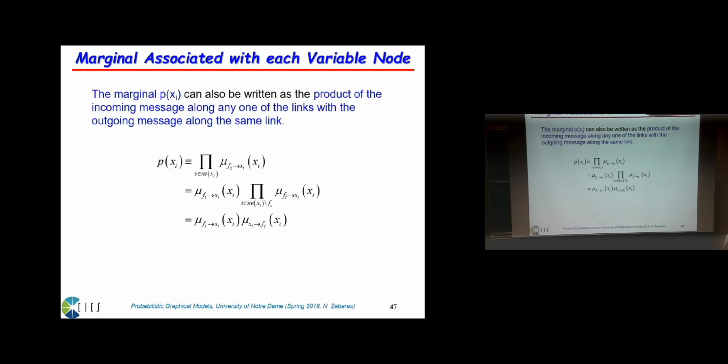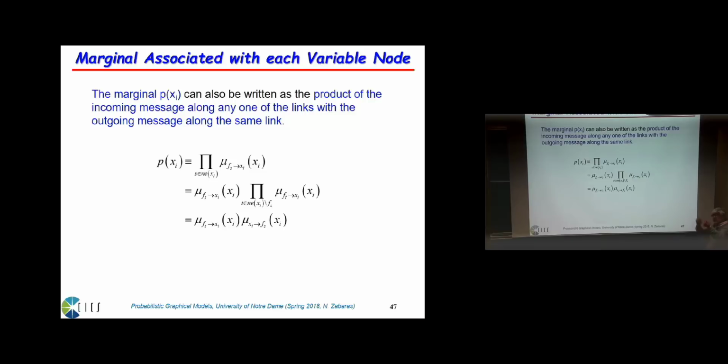And actually, I think maybe I already applied this. If you imagine that you have a node xi and there is a factor next to it, and you want to find the marginal of node xi, one trivial way to do it is, on the edge between the factor fs and the node xi, take the product of the two messages in both directions.